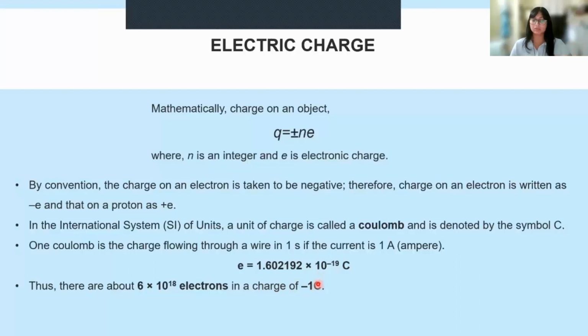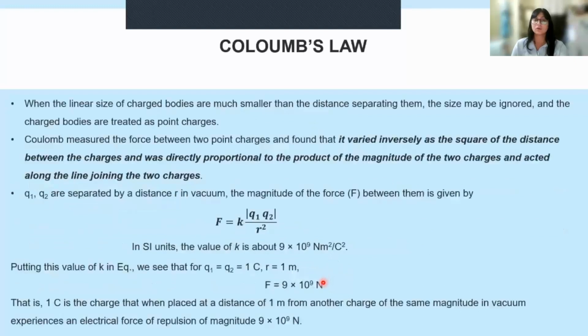Now we understood about electric charges, the basic unit which gives rise to the phenomena of electricity and also magnetic effects. So we move on to how we know that electricity has electric charges.